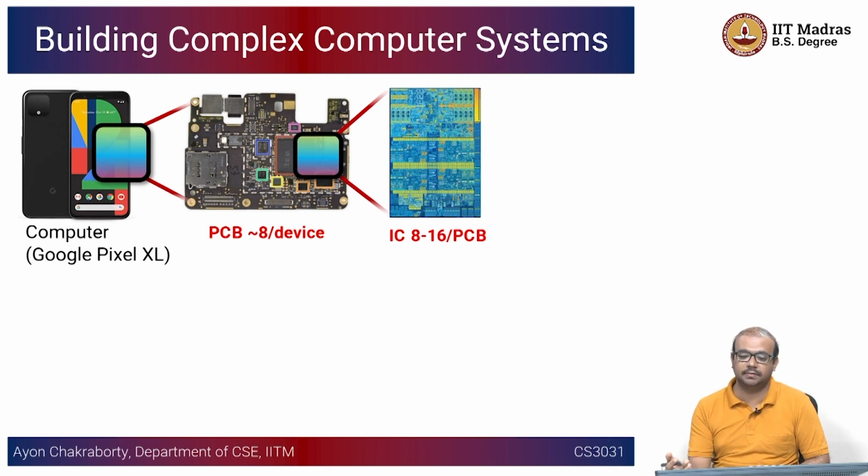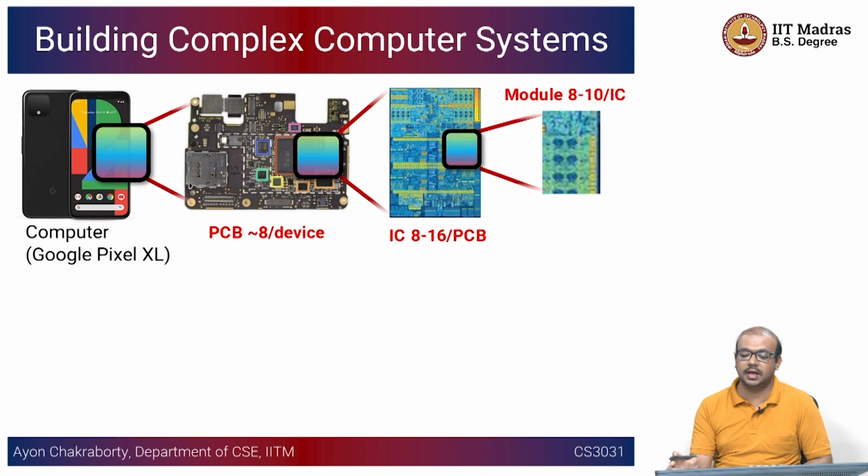This is not the end. Even the ICs are very complex. You have to look into this IC, and these ICs are going to consist of things like modules. If you look into a given IC, there could be about 8 to 10 such modules.